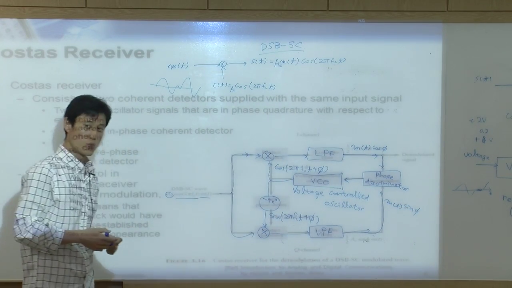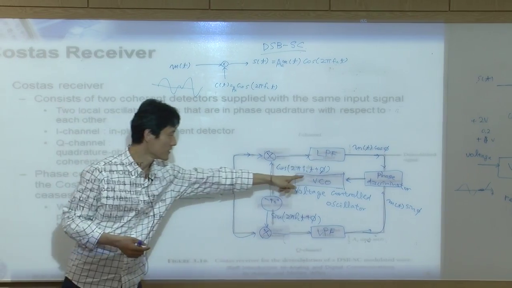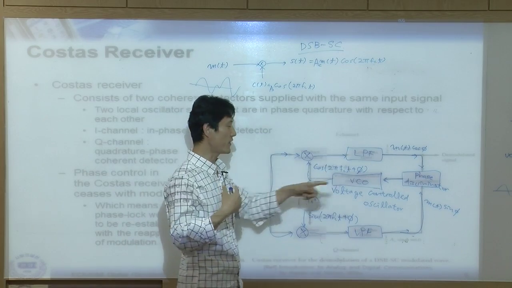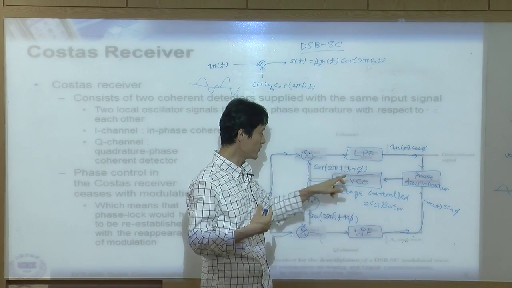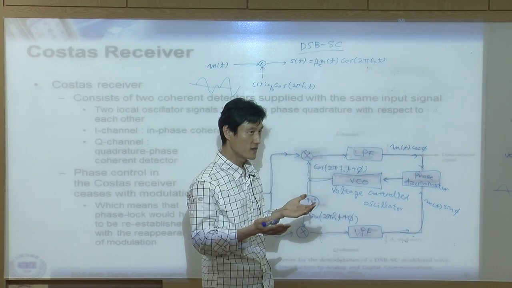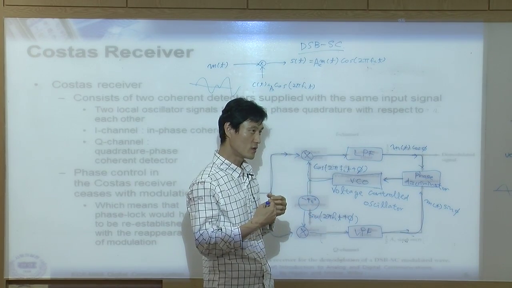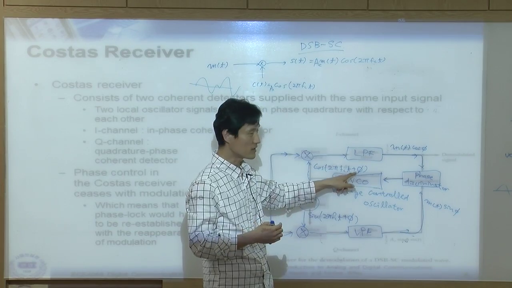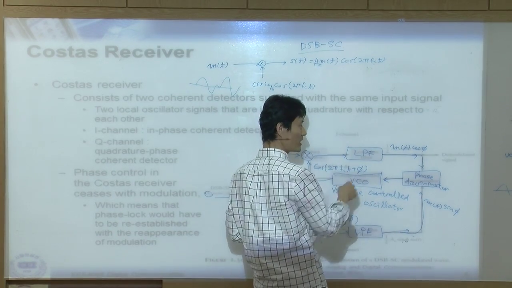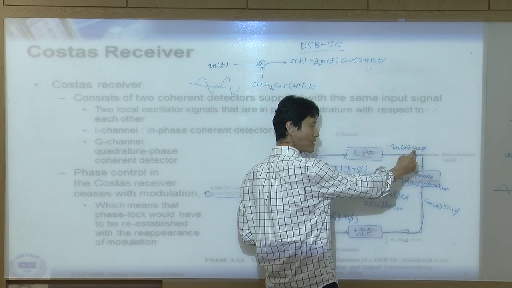Now the question is, we want to detect phi, because phi is the phase difference. If we can make this phi become 0, it's perfect, right? So that's what we want to do. We want to find out phi. That's our goal.